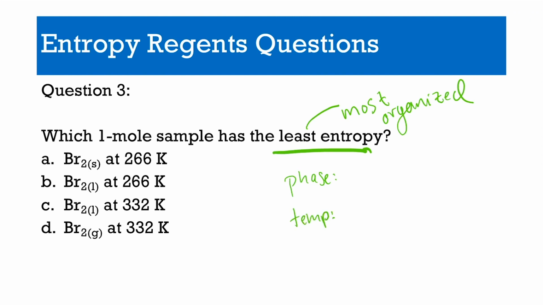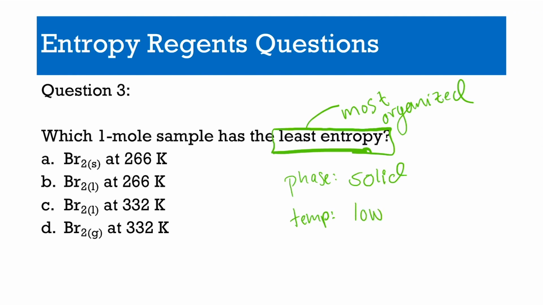We always want to practice good annotation skills when we're doing these questions. So you should have that underlined or highlighted, least entropy. And when we are thinking about least entropy or lower entropy, the things that should come to mind are the phases of matter. It should be solid, right? What kind of temperature? Is it a low temperature or a high temperature? It should be low temperature.